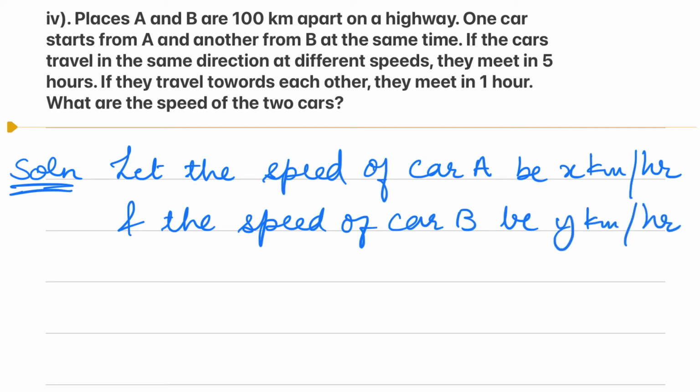So we have assumed both the speeds and we know that speed is equal to distance by time. So we can compare the distances. Therefore distance will be equal to speed into time.